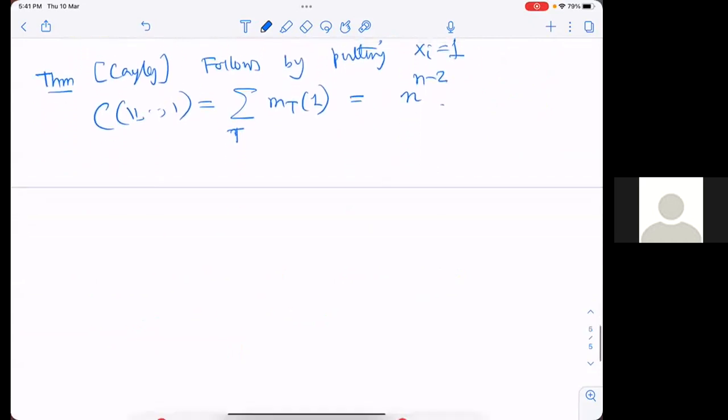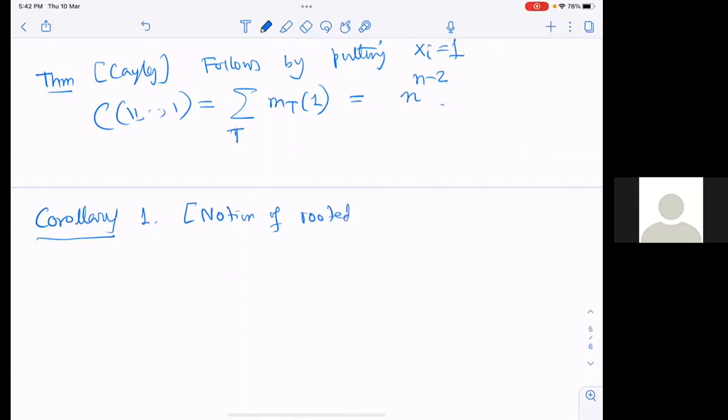So, a few corollaries. Remember the notion of a rooted tree. That's a simple notion. If I give you a tree on 1 to n vertices, then a rooted tree means one of the nodes you fix as root.